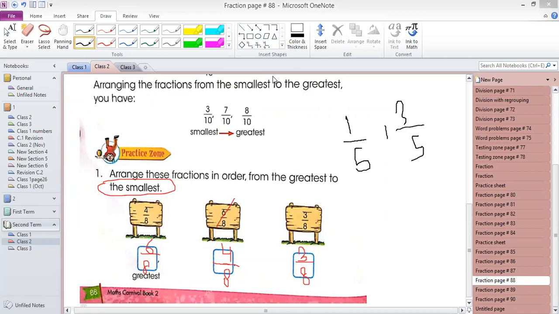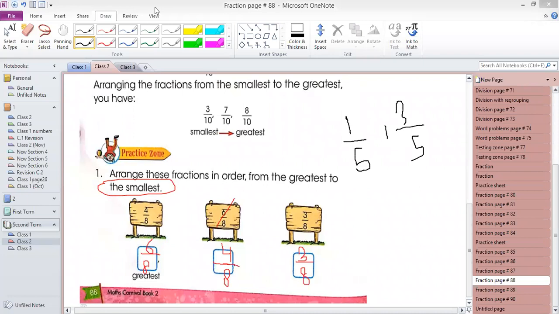Which is bigger, 1/5 or 3/5? 3/5. Why? Because 3 is bigger than 1. That's why 3/5 is bigger than 1/5. Thank you.